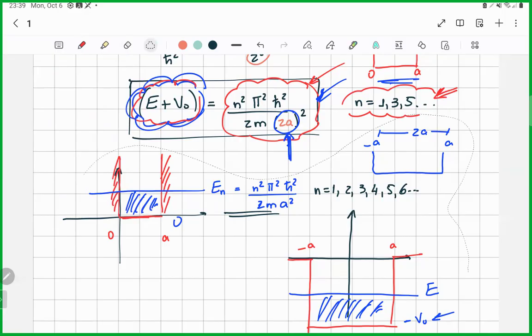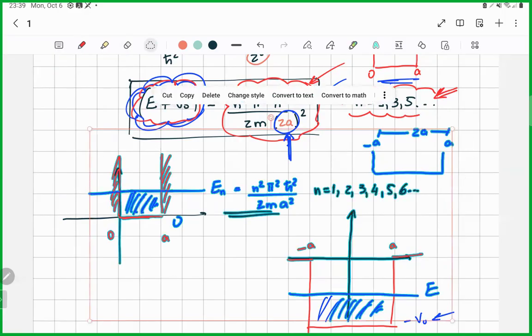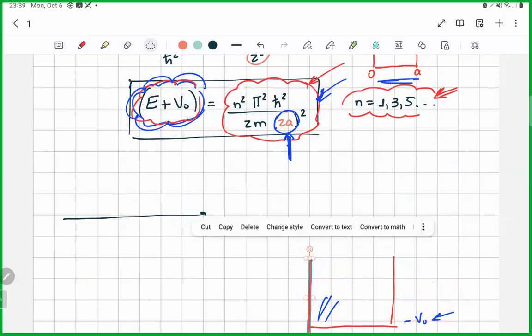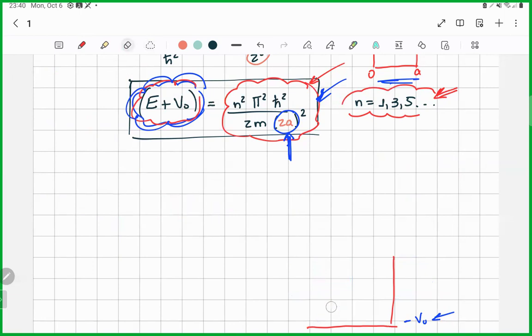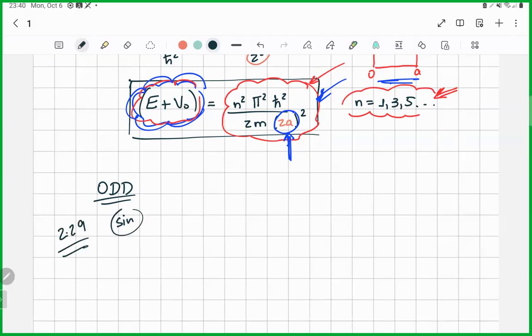The even ones also exist, but for the odd solution of the Schrödinger equation, the one involving the sine, which is for the problem 2.29 that I mentioned to you.